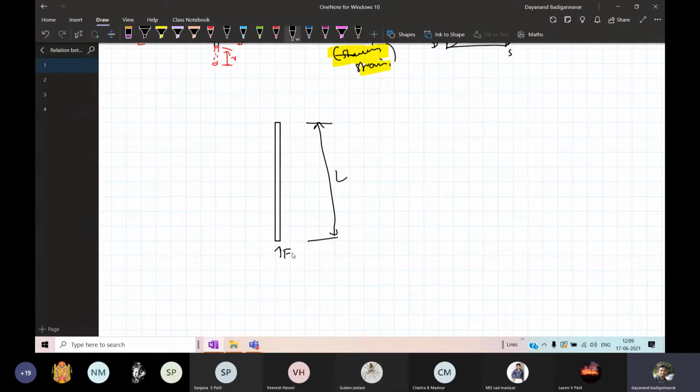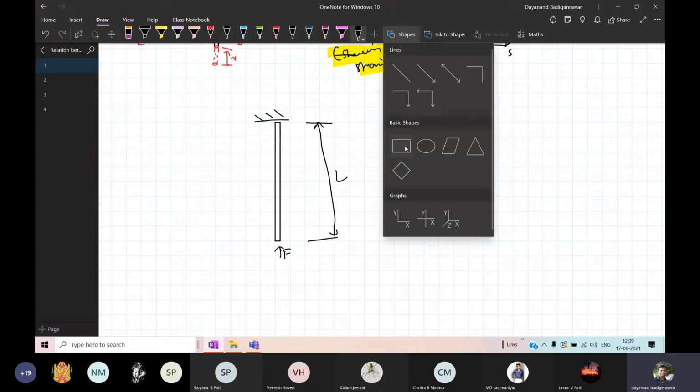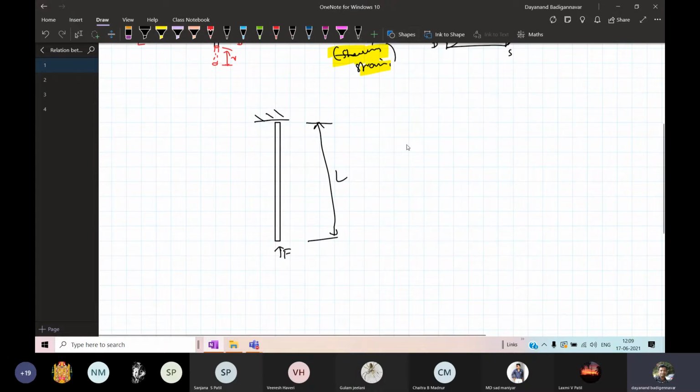So this is the applied force. Let us assume this is fixed. Once I apply the force, the length of the wire gets shrunk. It is going to shrink in its length.